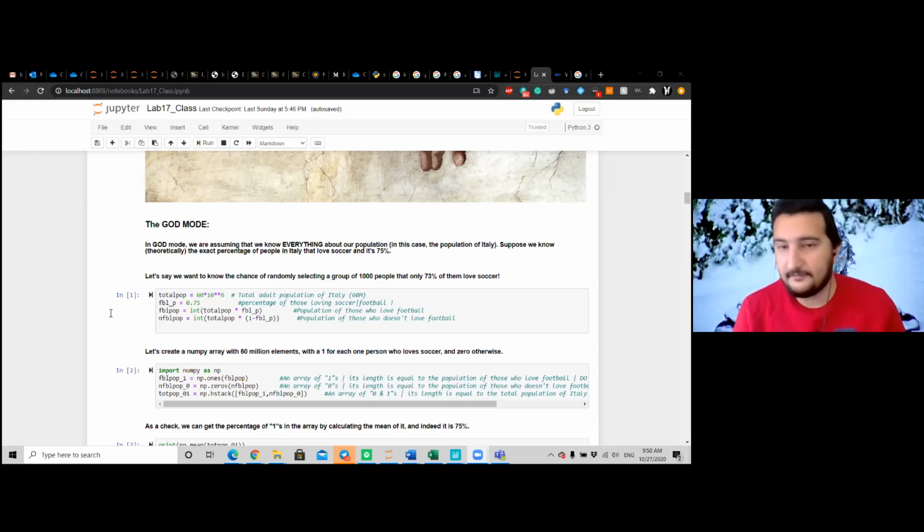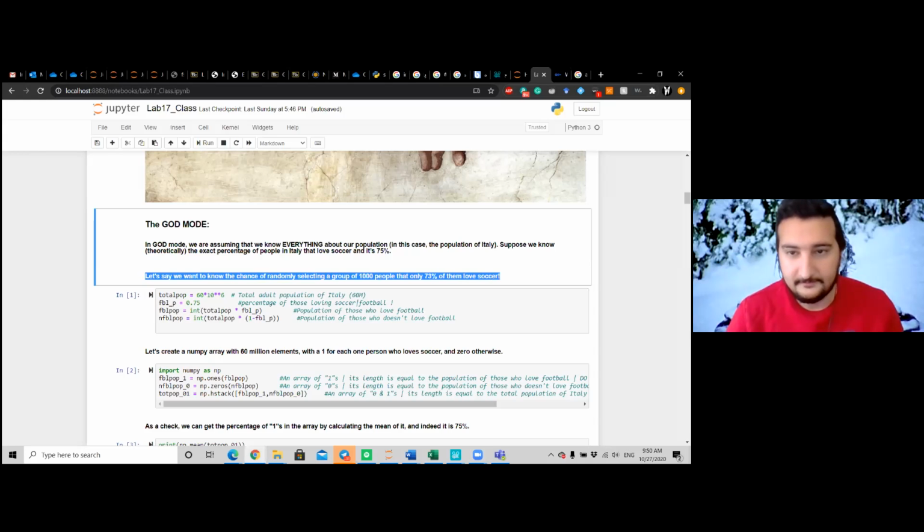One way or another, confirm that you are okay and comfortable with the question that we are asking here. So we know the population mean, and that is 75%. We are interested in knowing the chance of selecting a group of 1,000 people randomly and get a sample mean of 73%. So 2% below the population mean, if you may.